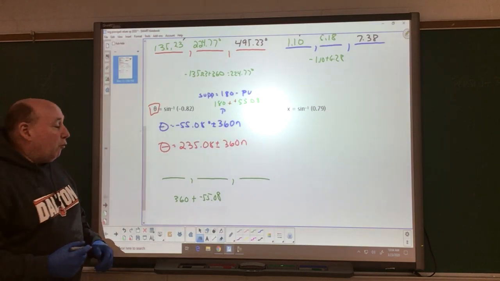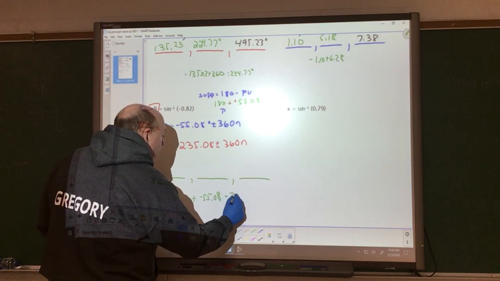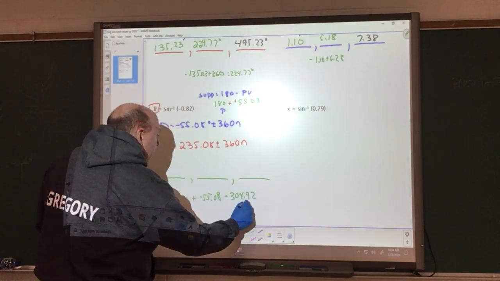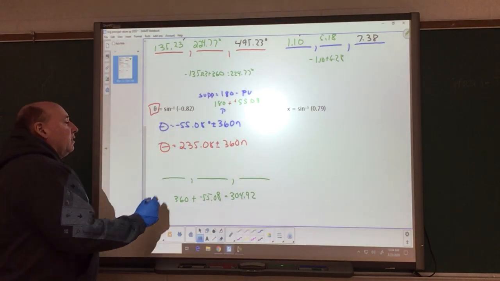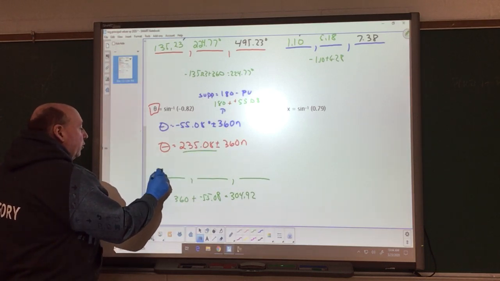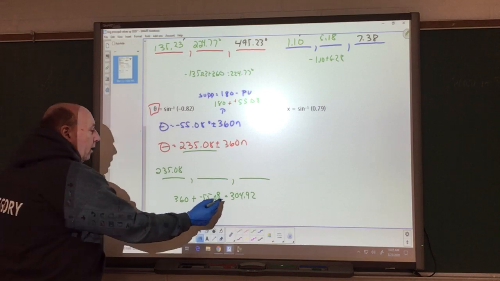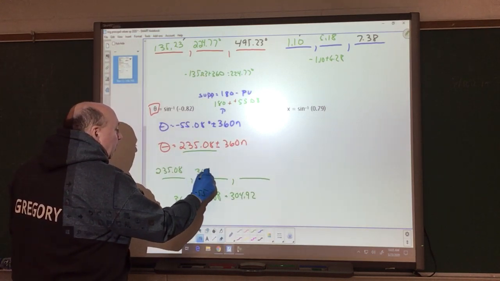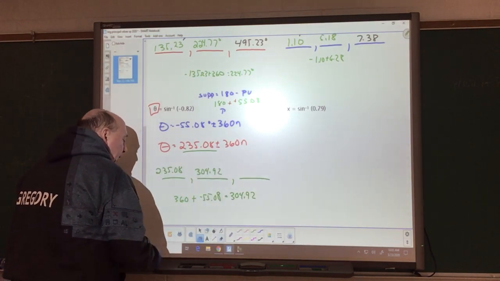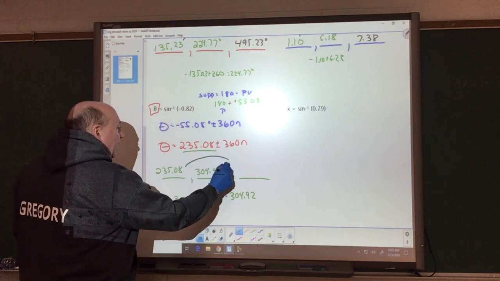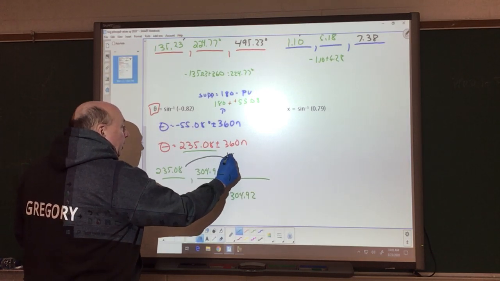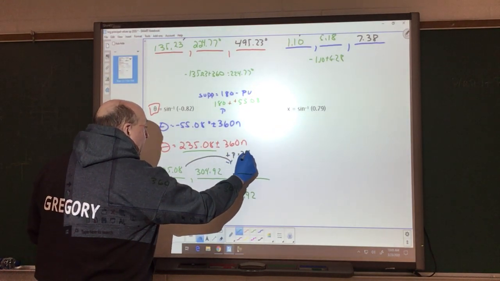And you get 304.92. So our first smallest positive value would be 235.08. This would be our second, 304.92. And then playing leapfrog, once again, we add the period, which in this case is 360 degrees.